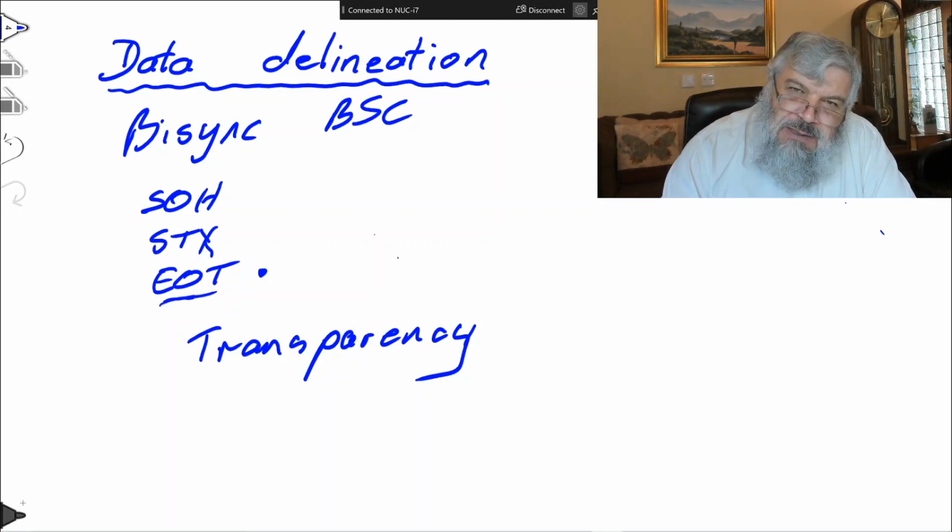In what follows in the other protocols, you will see that in each case we will find some solution for the transparency problem. In Bisync, they later modified the protocol to enable you to transmit anything, so they added transparency. They did it in a very, very clumsy way.